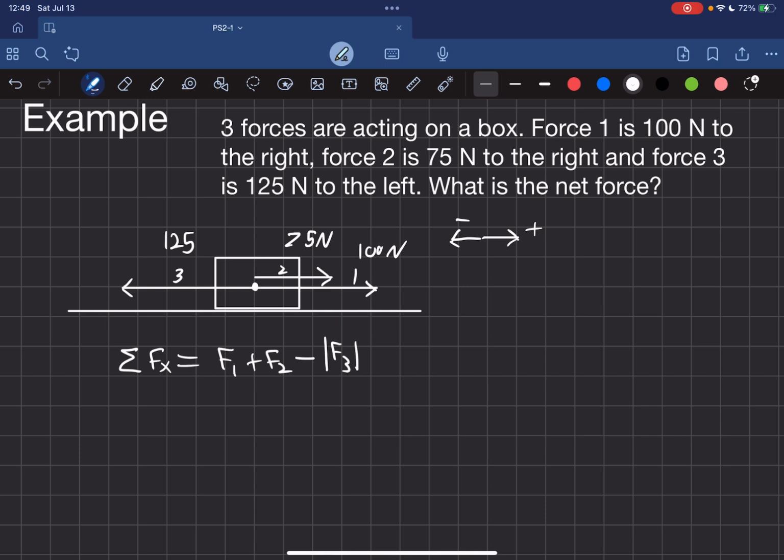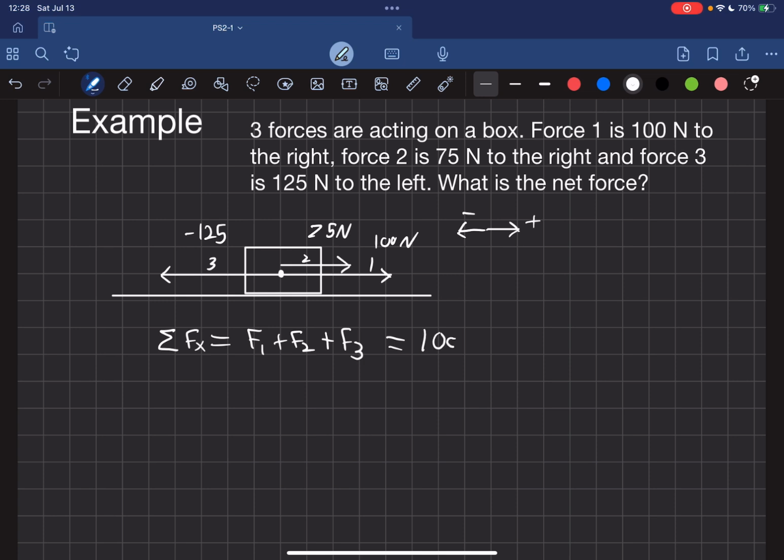The idea is that we are already assigning the direction. So our negative comes in not in the number itself, but in whether we're adding or subtracting it. By subtracting it, we're indicating that that force was in the negative direction. However, for now, we'll keep it with plus F3 and the number being negative.